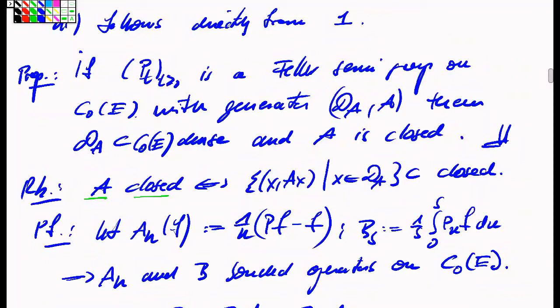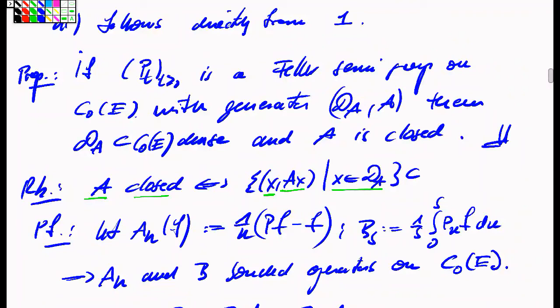If we consider the set of pairs x from the domain of the operator, together with the value of the operator in the second coordinate, then this set, as a subset of the twofold Cartesian product of this Banach space, is closed.